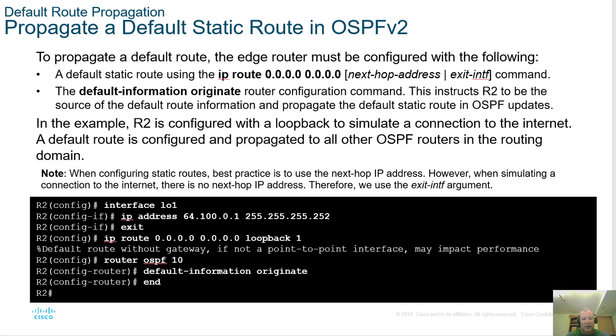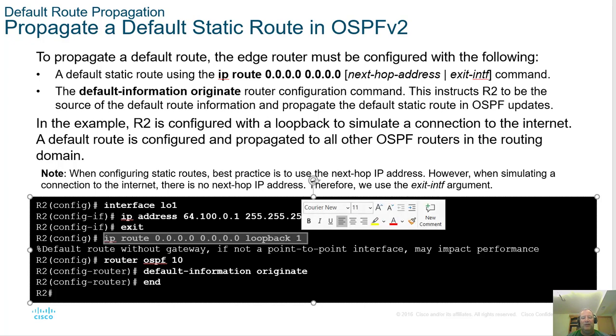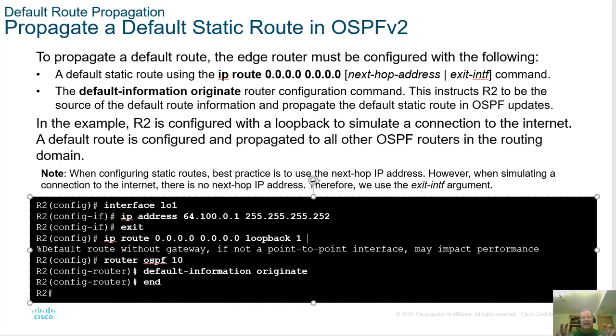This particular router here has an interface Loopback 1, and we're going to use that as our internet value, and we're going to use the command ip route 0.0.0.0 0.0.0.0 Loopback 1. So the Loopback 1 interface would simulate your last hop before you would head out to your internet service provider.